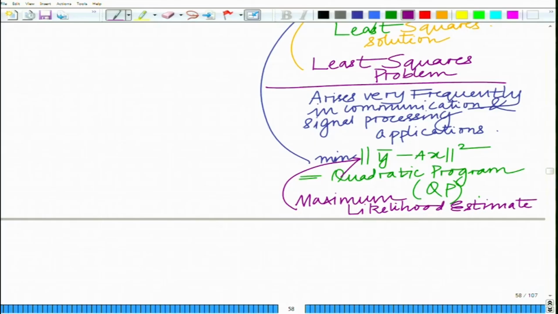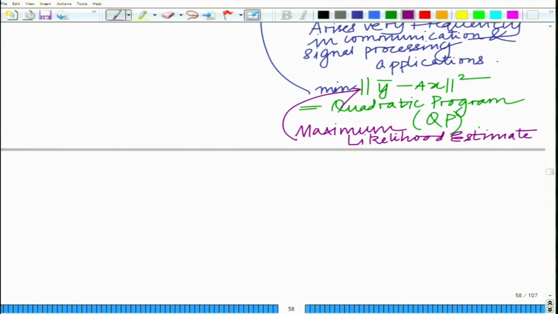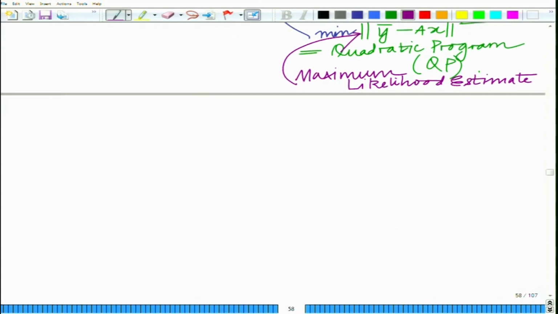And this can be solved as follows, and it is not very complicated. To find the solution, we want to find the least squares solution.